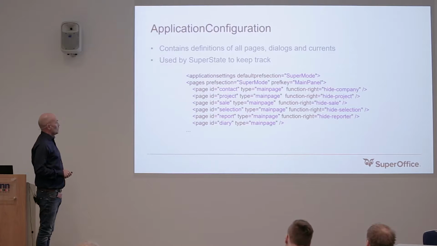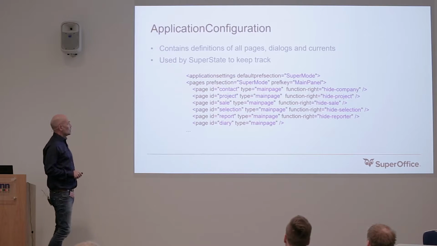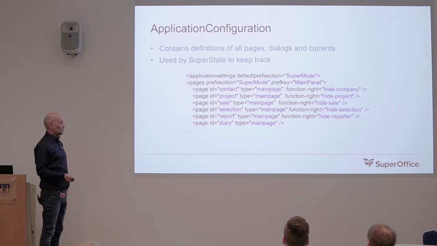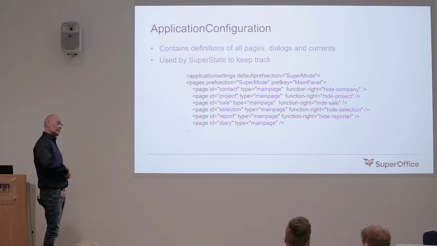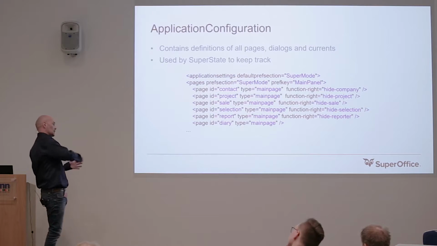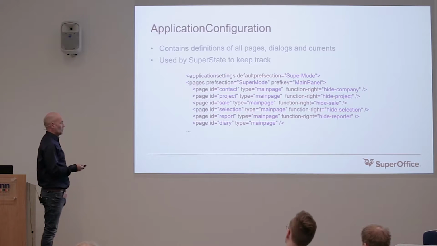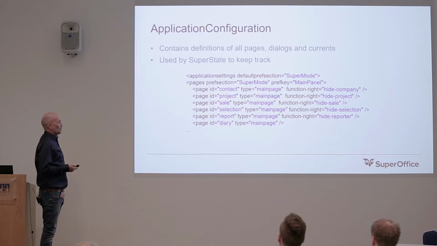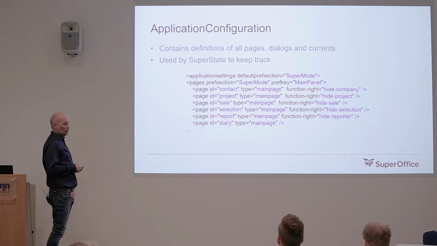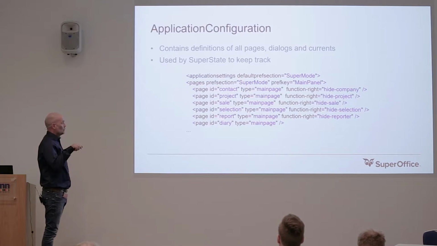This ID here is resolved to a file name, which we'll find on the server and do what I told you about, all the building up of the fragments and stuff. So when you're going to add a page on your own, you have to add your page into this application settings file.